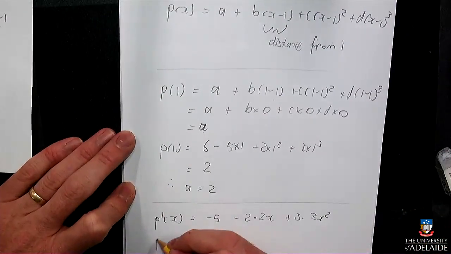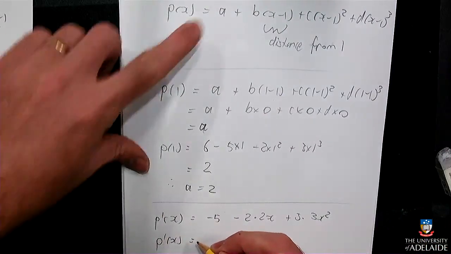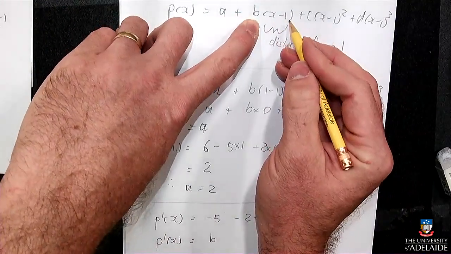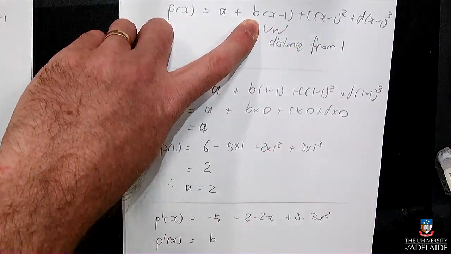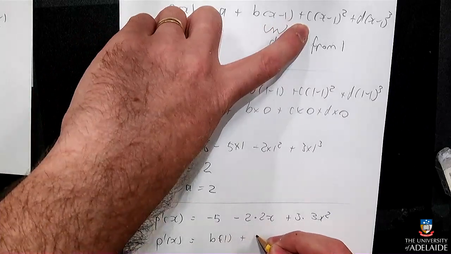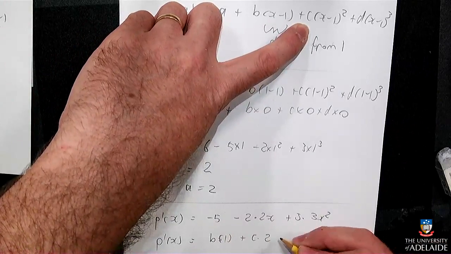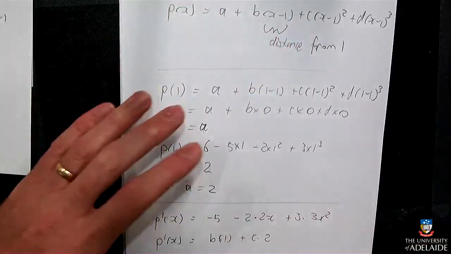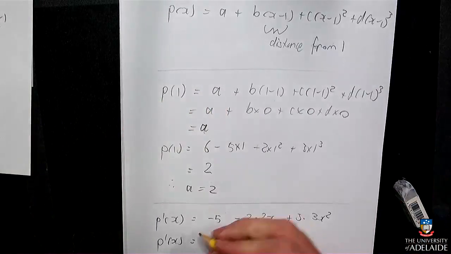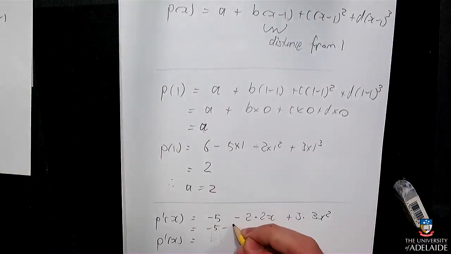And then the other way of writing the derivative, because it's the same function, the a will be gone. We'll get b times the derivative of x minus 1, which is 1. Plus c times 2. Actually, just a second. I really want to figure out what this is. Minus 5 minus 4x plus 9x squared.